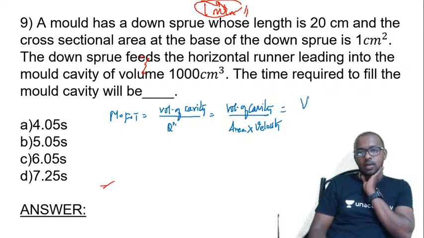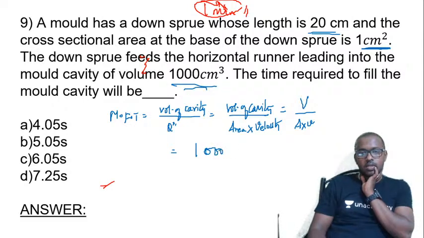Okay, so it's nothing but V divided by A into small v. The down sprue length is 20 centimeter and the cross section area at the base of the down sprue is 1 centimeter square. It has to fill 1000 centimeter cube, so 1000 centimeter cube is the volume of the mold cavity, divided by area.